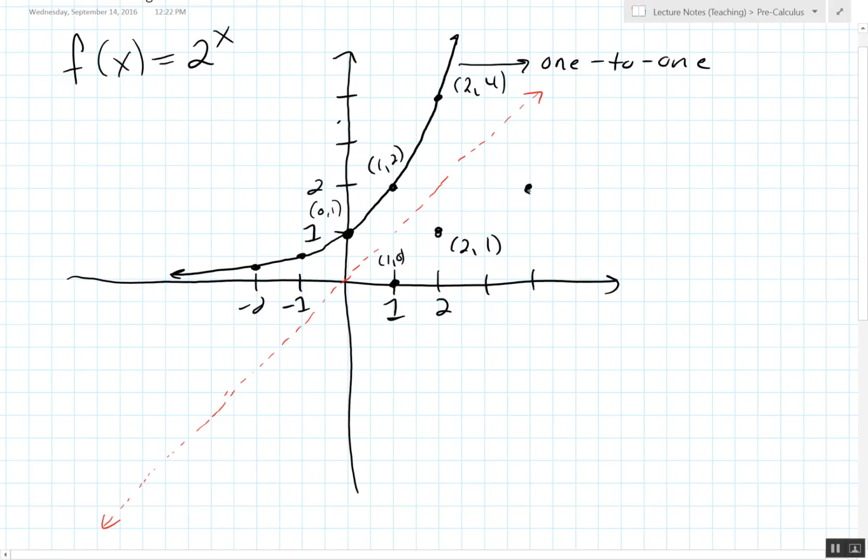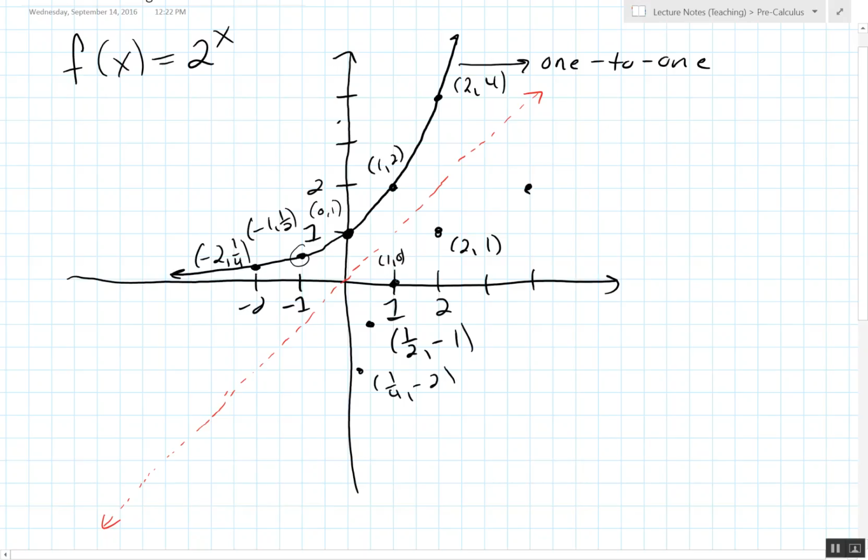And similarly over here, instead of negative 1, 1/2, we will get a half, negative 1. And instead of negative 2, a quarter, over here we'll have a quarter, negative 2.